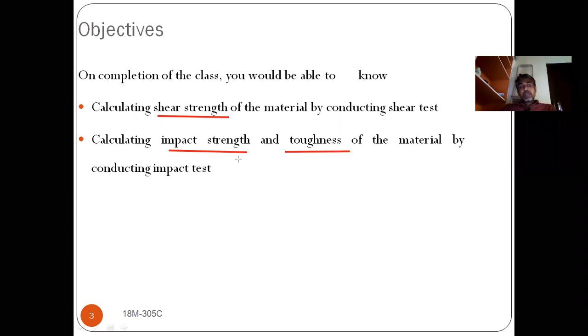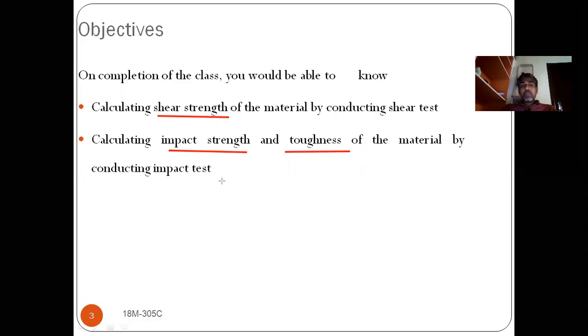So simply speaking, we have a shear test here and an impact test here. In this session, we are going to discuss the procedure to conduct a shear test and the procedure to conduct an impact test to find out the impact strength as well as the shear strength of a material.